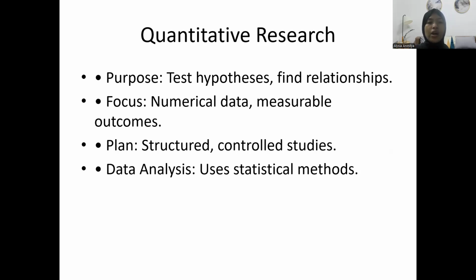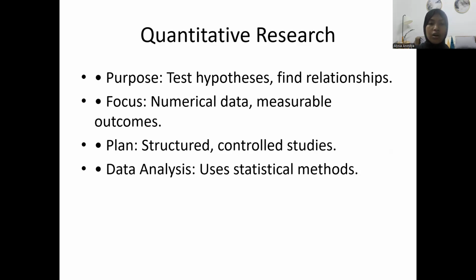Let's see the quantitative research. Quantitative research is all about measuring things with numbers and using statistics to find patterns or relationships. The purpose of quantitative research is to have a hypothesis and measure the relationship in the data.